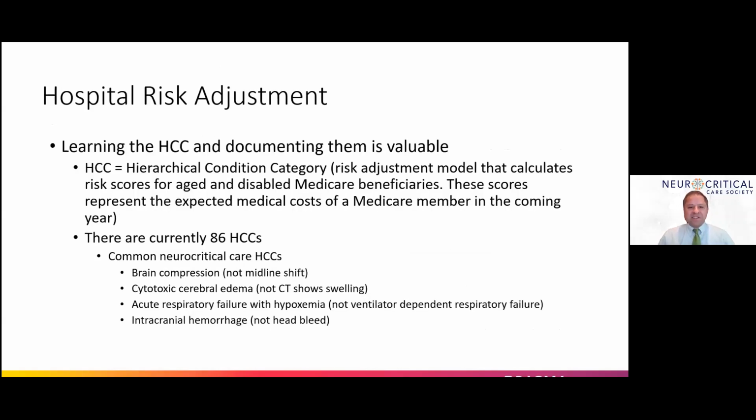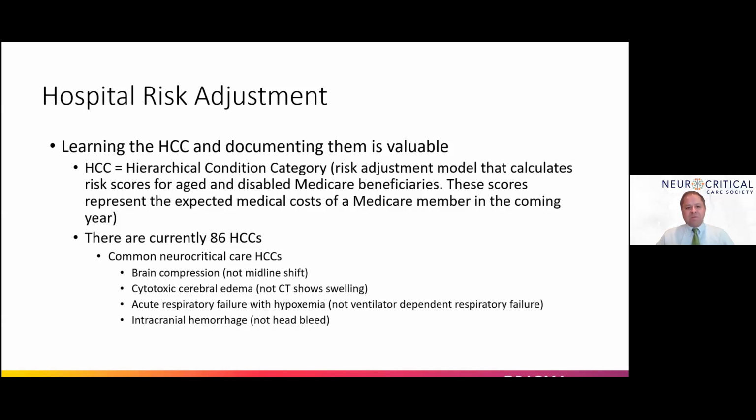Learning the HCCs and documenting them is quite valuable as a provider. So an HCC is what's called a hierarchical condition category. It's based on CMS's use of a risk adjustment model that calculates risk scores for aged and disabled Medicare beneficiaries.